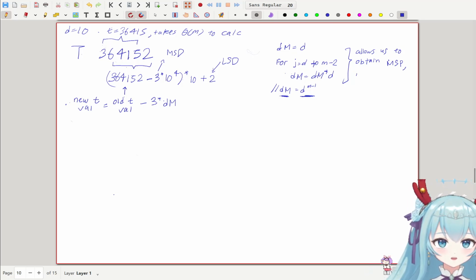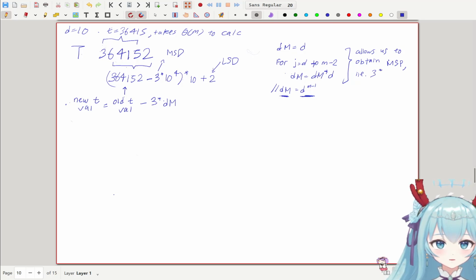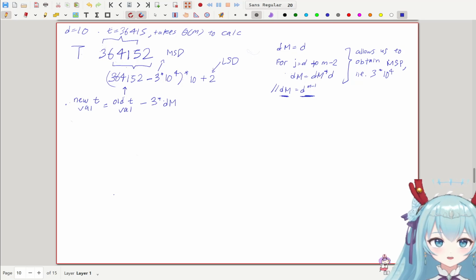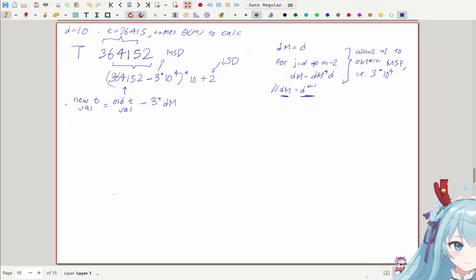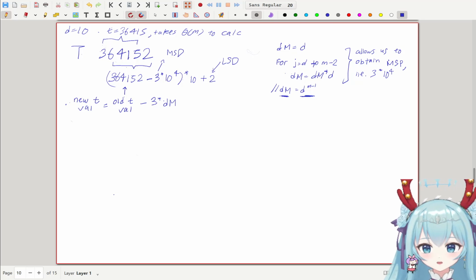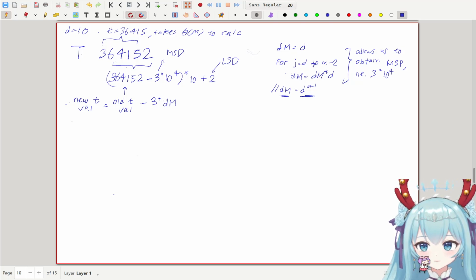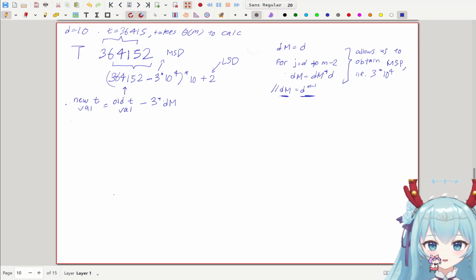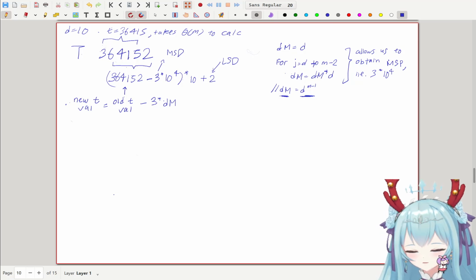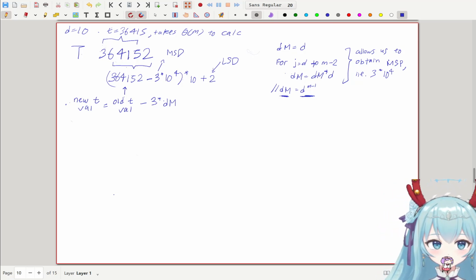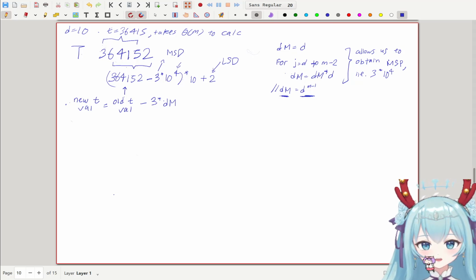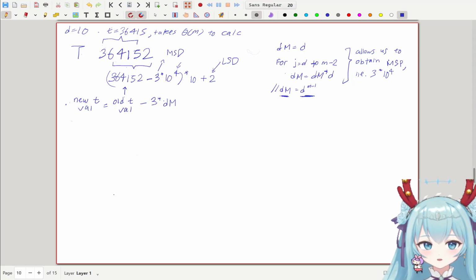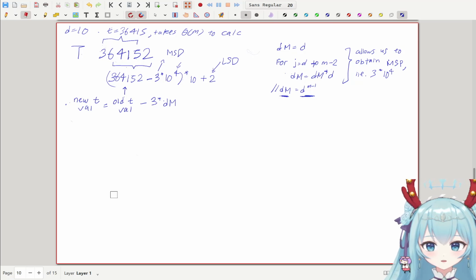And this is 3 times 10 to the power of 4, which makes sense, because we can see over here there are 1, 2, 3, 4, 5 characters, so it will be m minus 1, which is 4, which is correct.